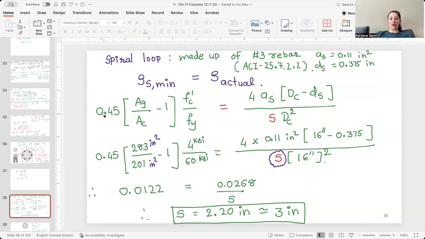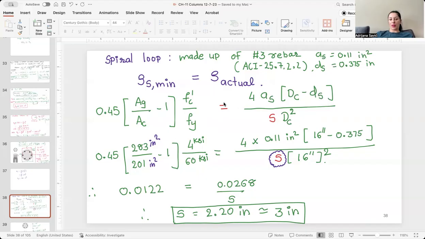For rho s minimum, we have 0.45 times gross area over core area minus 1, in parentheses, times 4,000 for compressive strength over 60,000 for yielding stress, equal to 4 times the stirrup area, which is 0.11, times the core diameter, which is 16, minus the diameter of the secondary steel, 0.375, all divided by s times the core diameter squared.